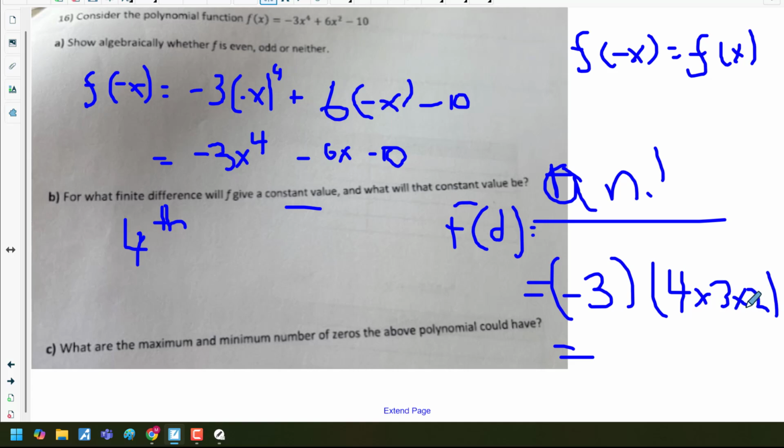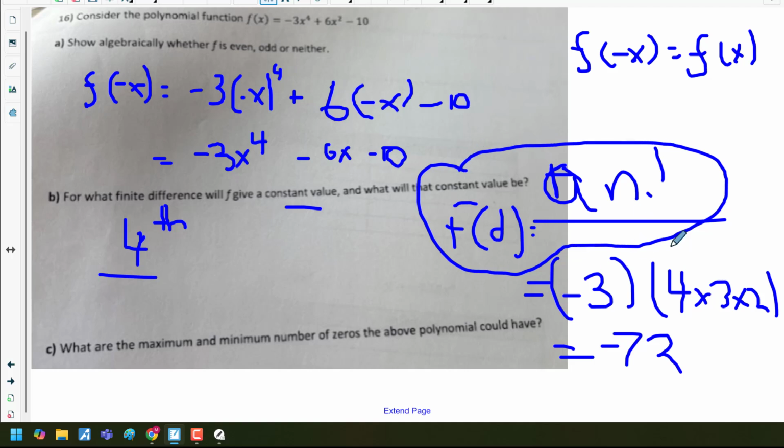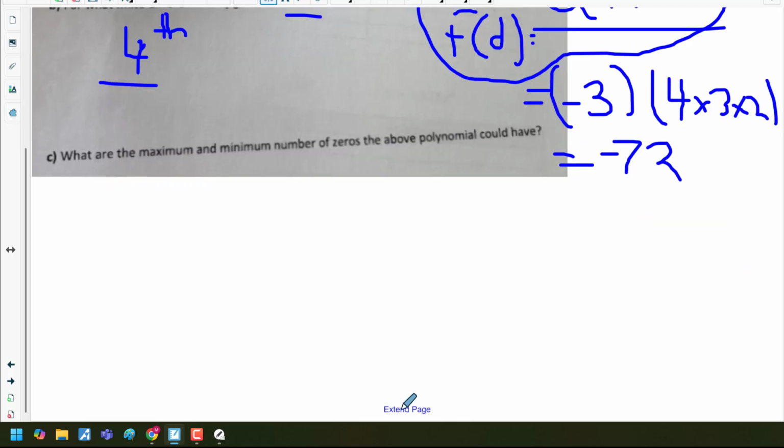So 2 times 3 is 6, 6 times 4 is 24, 24 times 3 is what, 72? Do the math. And then it's negative because it's negative 3. So the constant value should be negative 72, and the finite difference should be 4. And this is the formula we're using. FD equals a times n factorial.